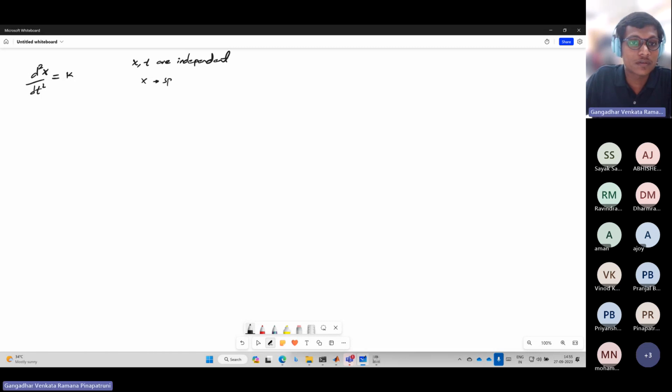X is the spatial parameter and t is time. If x is a spatial parameter and t is time, then what actually does d square x by dt square represent? Can anyone answer it?